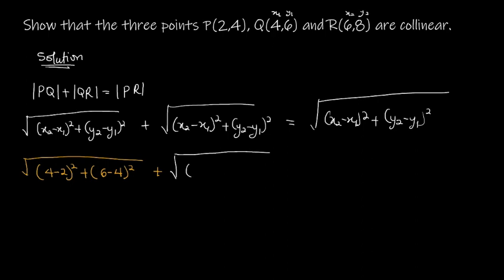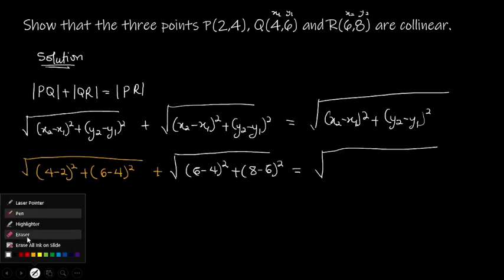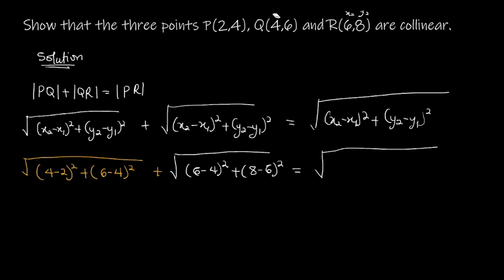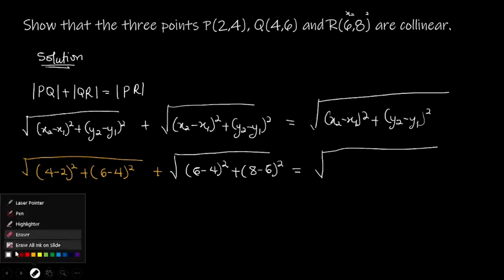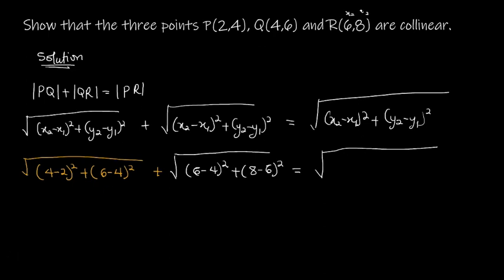So my x2 is 6 minus my x1, which is 4, squared, plus my y2 is 8 minus my y1, which is 6, squared, is equal to the root of, okay, so now I carefully erase this. So this will still be my y2.